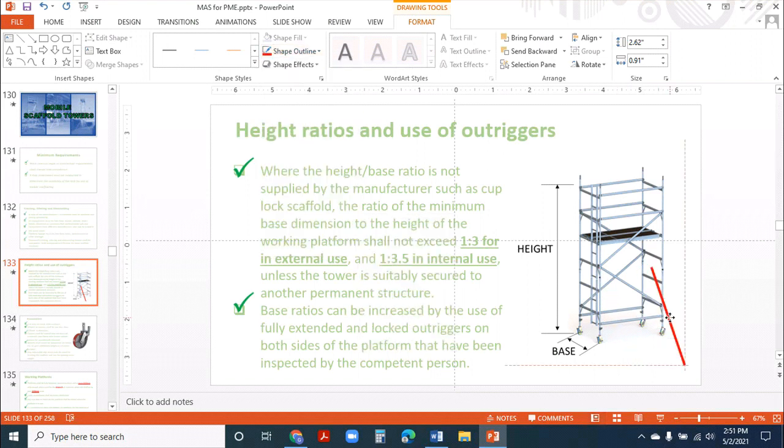You will insert the outrigger here and also here, and also on the other sides.